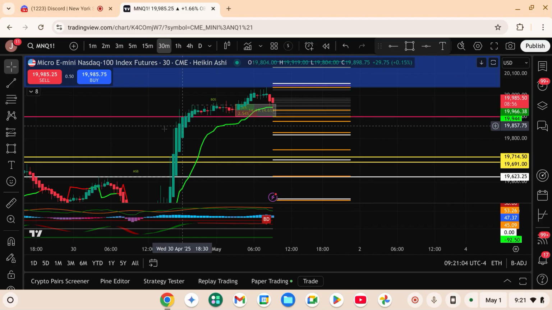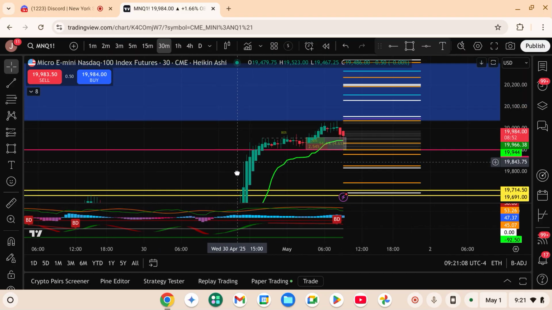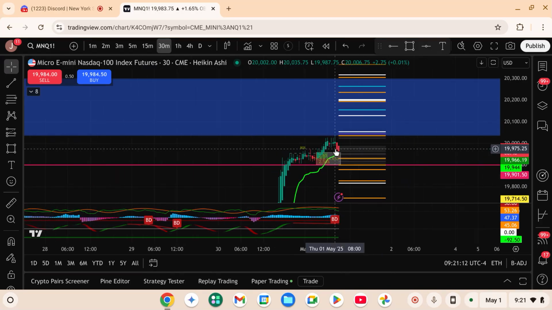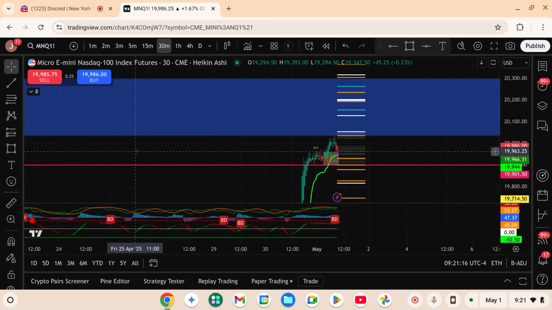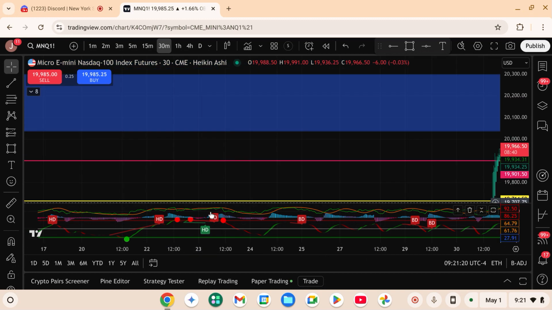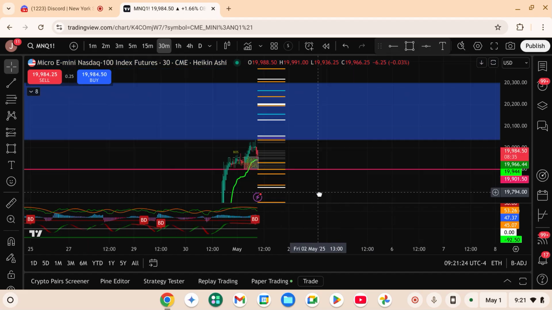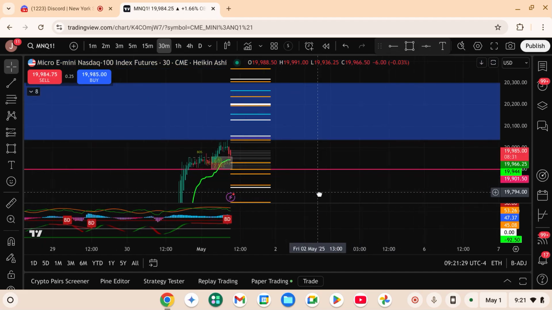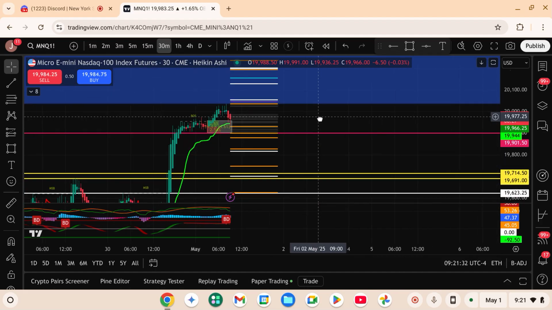So I'm really not seeing that much for the half hour neither. There's not really much structure. Trying to zoom out to see if we got anything. Yeah, no, we don't need to go that far. So what we'll do is, let me zoom in.